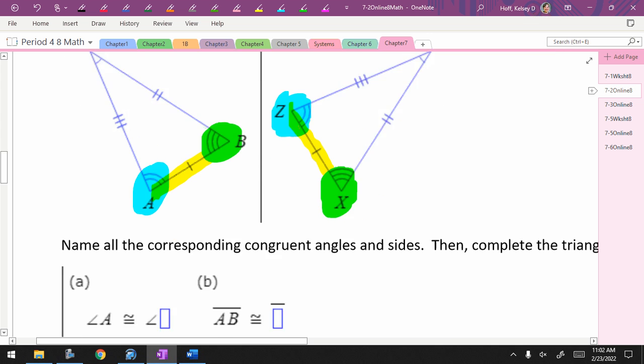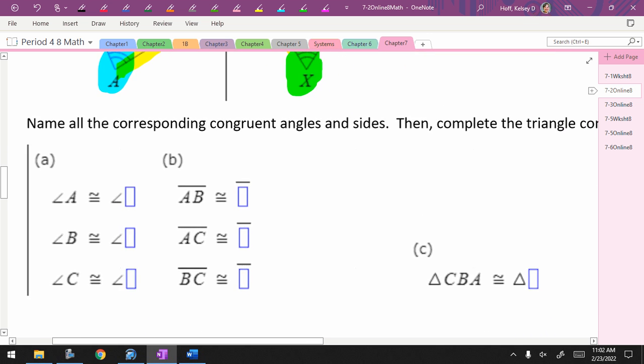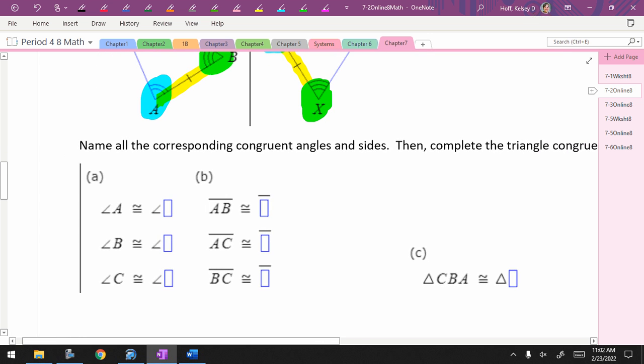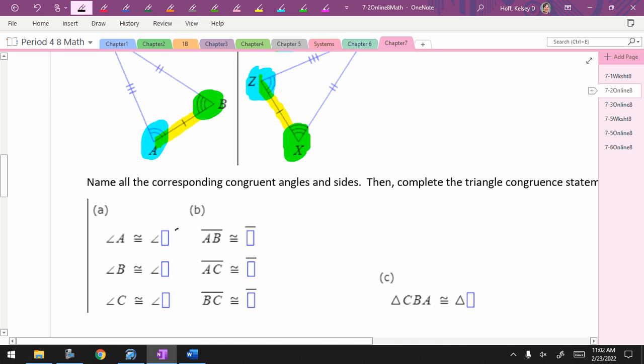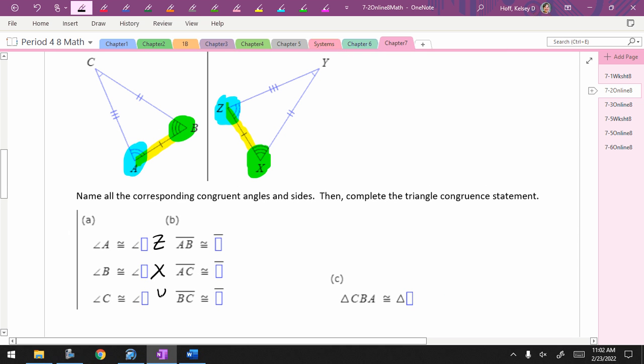So what they're going to ask us to do is name the sides and angles that are corresponding. Which sides match up? You're reading the diagram here. Okay, we just said angle A matches Z. B matches X, and C matches Y. Now that one, there can't be an order. You're just one letter.